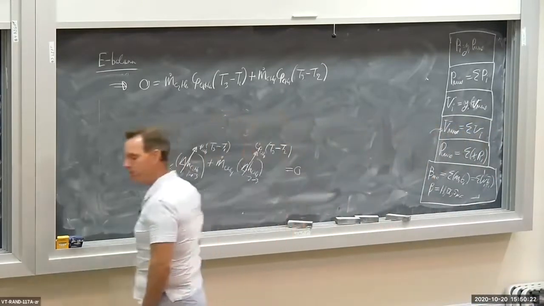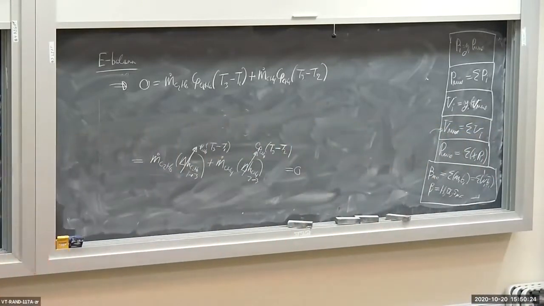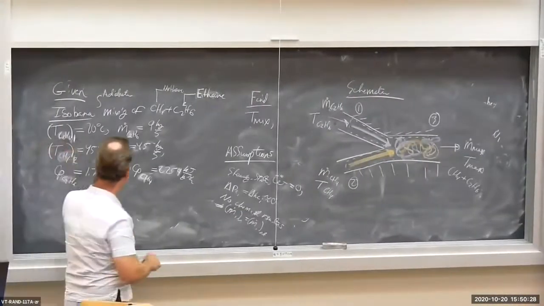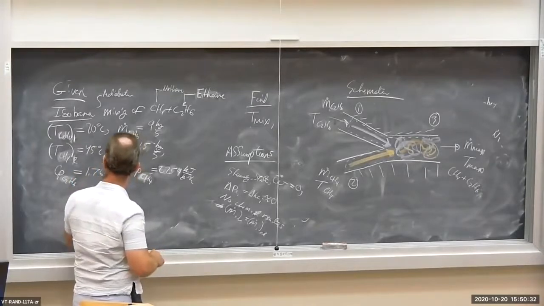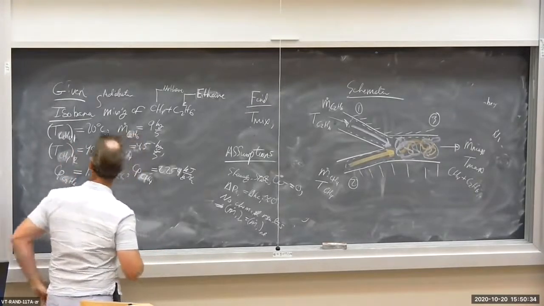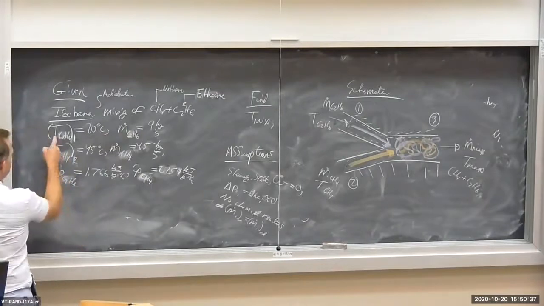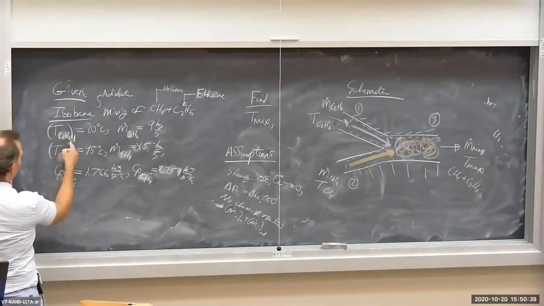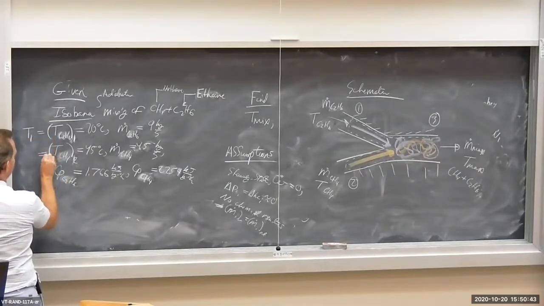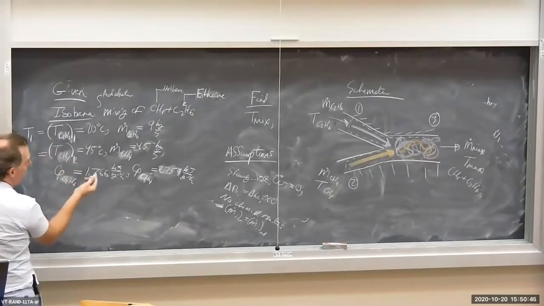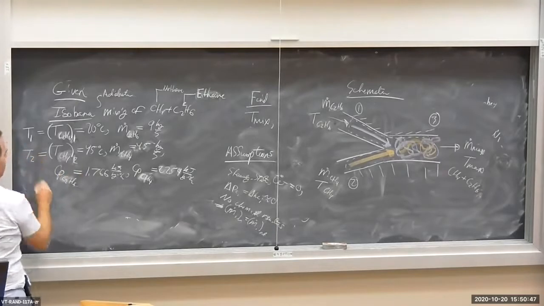Now, in the problem statement, I have the mass flow rates for the various components, the specific heats, and I also have the temperatures. Let's see here. T of C2H6 at port number 1 is just my T1, and T of CH4 at port number 2 is my T2.